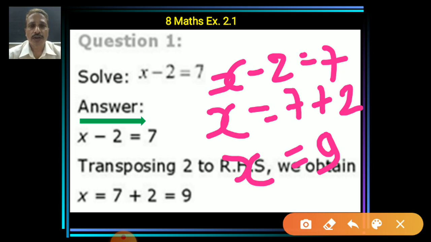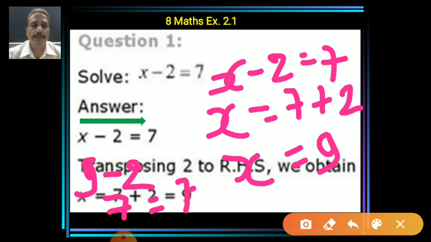That is for your further information. Put the value of x in your equation: 9 minus 2. This is my left side, which gives me 7. Yes, student. And what is the right side? Yes, 7 only. That means my equation has the solution.